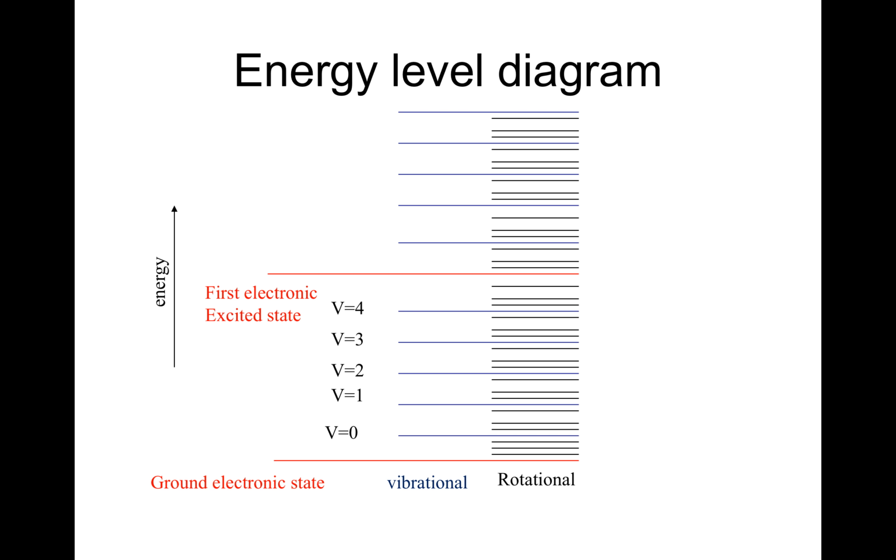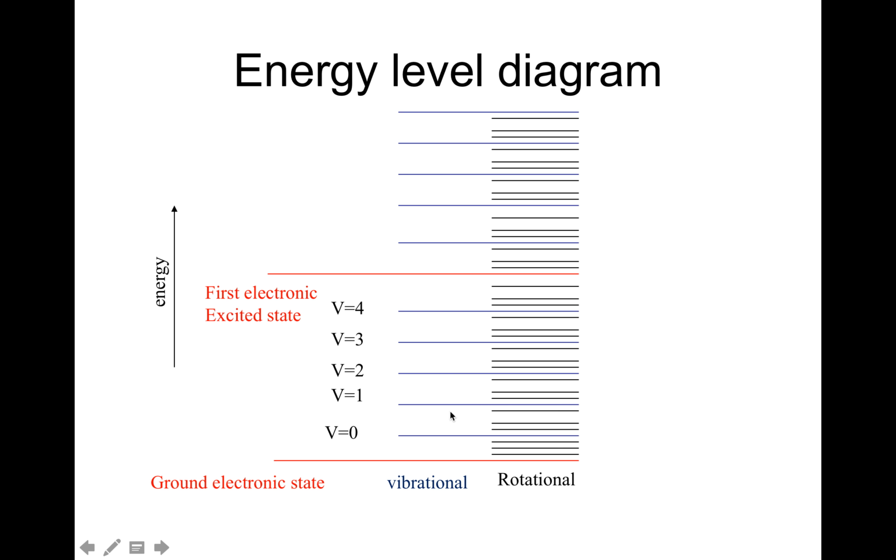Let us look at this energy level diagram. In this diagram, you can see that the short lines in black represent the rotational energy levels. Then the slightly longer ones, which should be blue, represent the vibrational energy levels, where that is V equals 0, V equals 1, V equals 2, and so on.